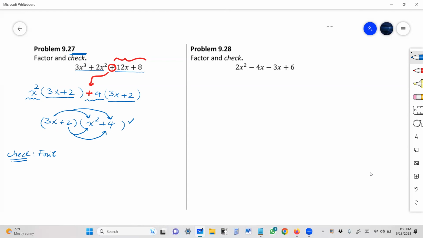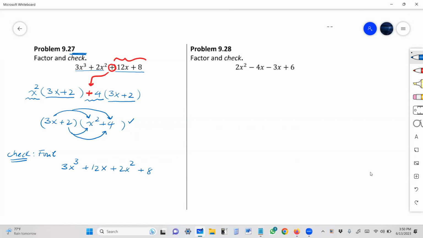So there are going to be four multiplications. 3x times x squared is 3x cubed. 3x times positive 4 is positive 12x. Positive 2 times x squared, and positive 2 times positive 4.